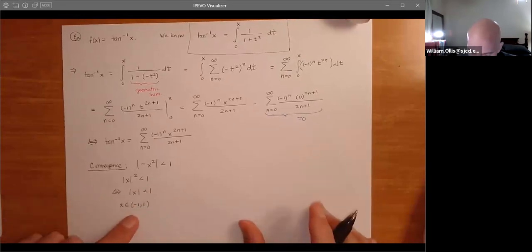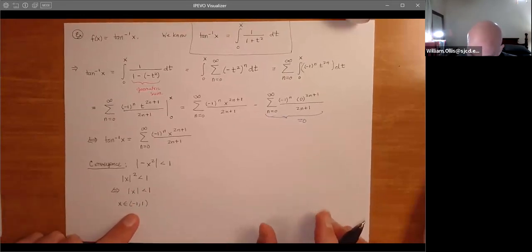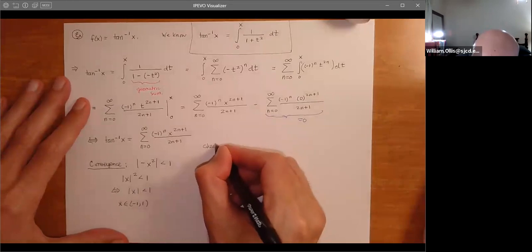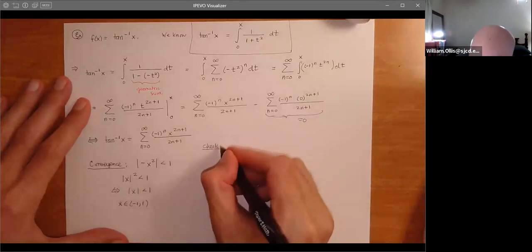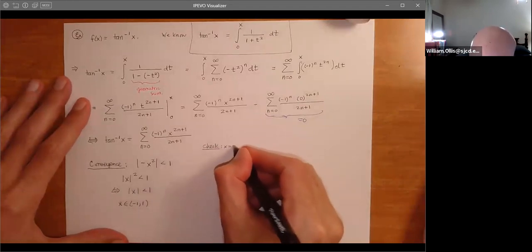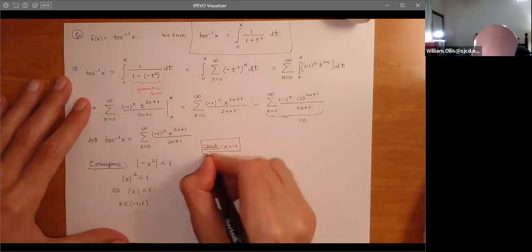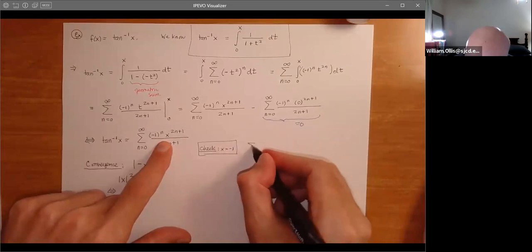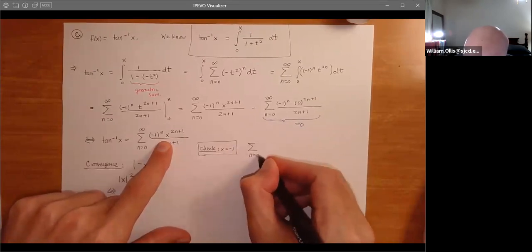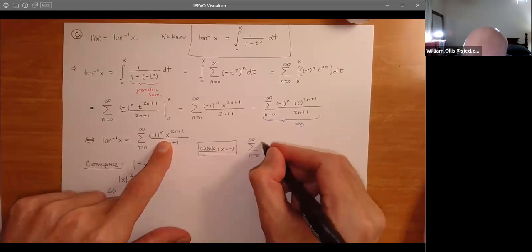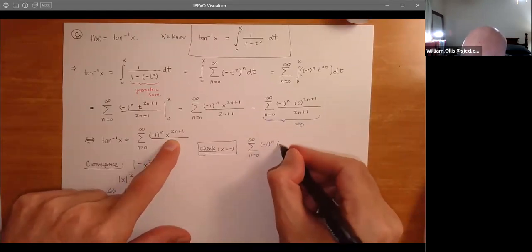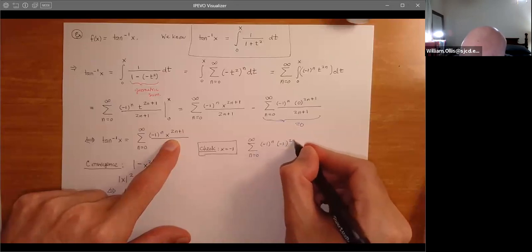So when we look at this, we think, well, this is like we had with the natural log. What happens at the endpoints? Well, let's check. So we'll check x equals -1. So we get the use of modular arithmetic here. So now we've got the series n equals 0 to infinity, -1 to the n, and now we've got -1 to the 2n plus 1.